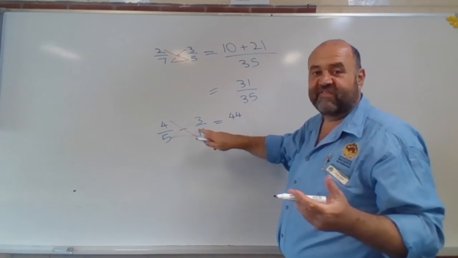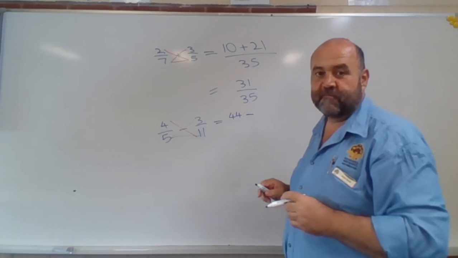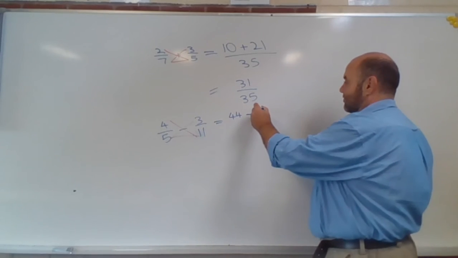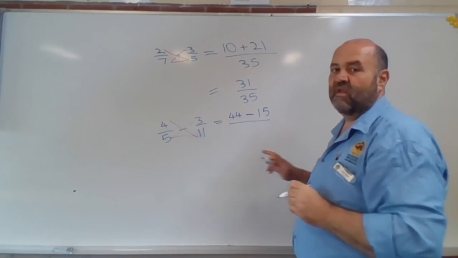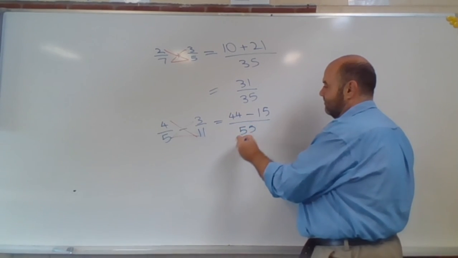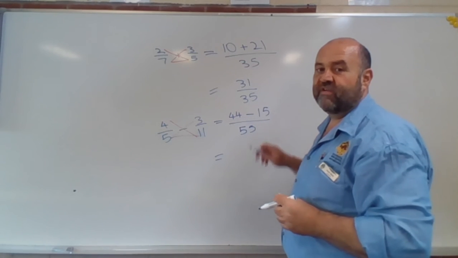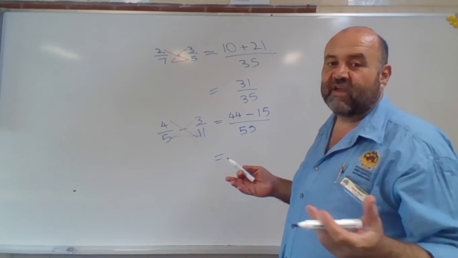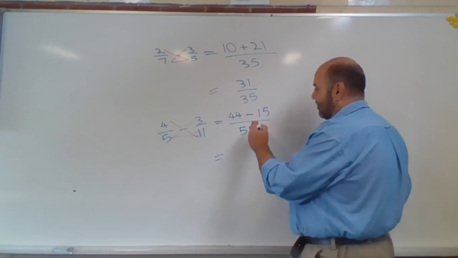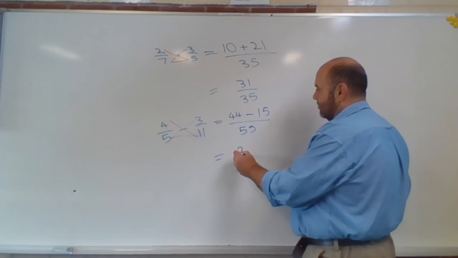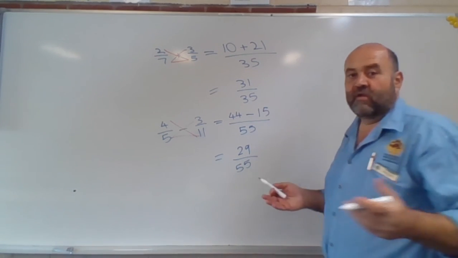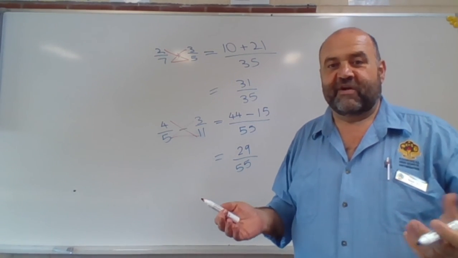Now the sign in the middle is a negative sign, so I'm going to put a minus sign there. 3 times 5 is 15. 5 times 11 is 55. 44 take away 15, well, 44 take away 5 is 39, 39 take away 10 is 29, over 55. That's it. Adding and subtracting fractions. Hope that helps.